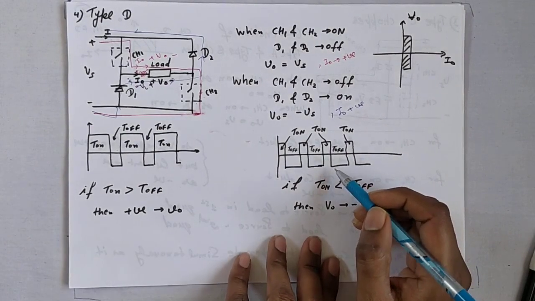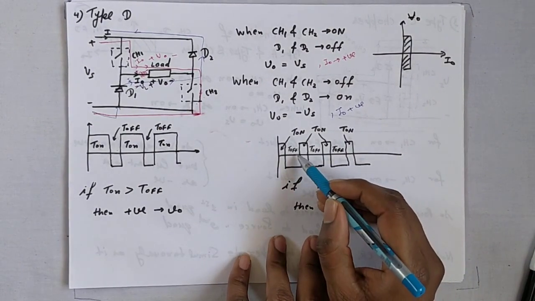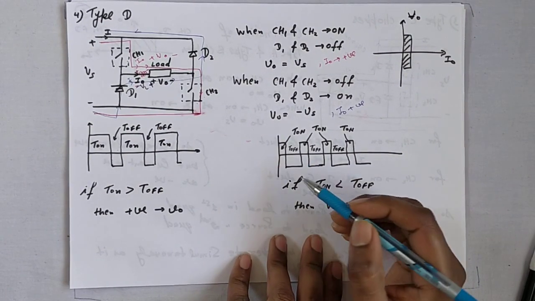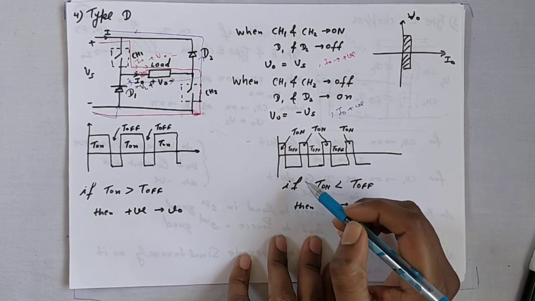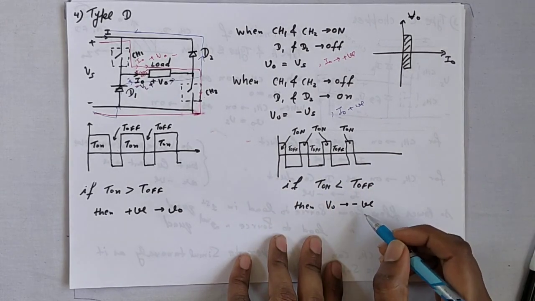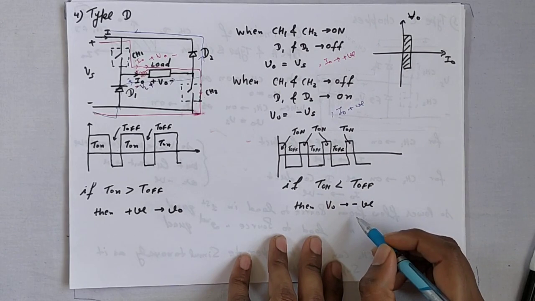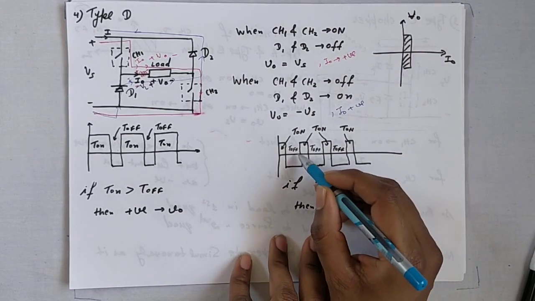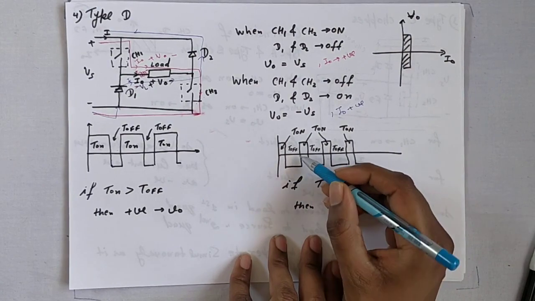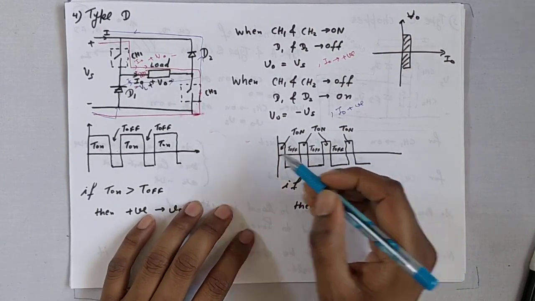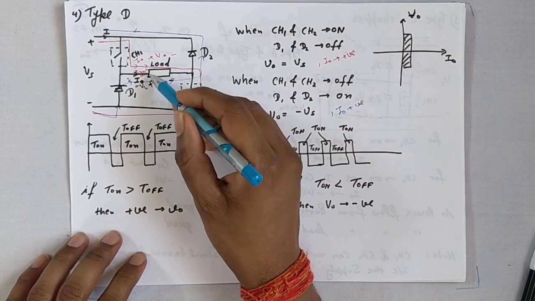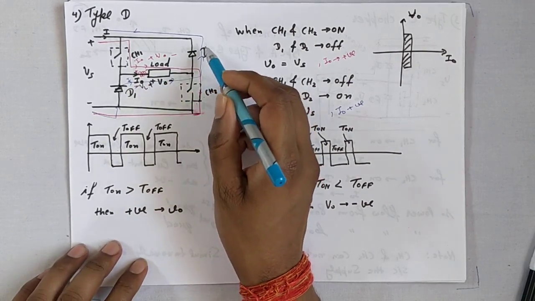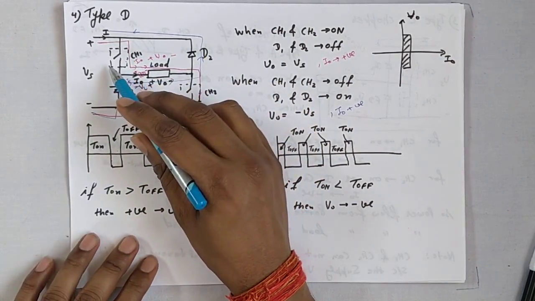When the turn off time is greater than the turn on time, or the turn on time is less than the turn off time, then the output voltage is negative. The stored energy in the inductor will return back to the source.